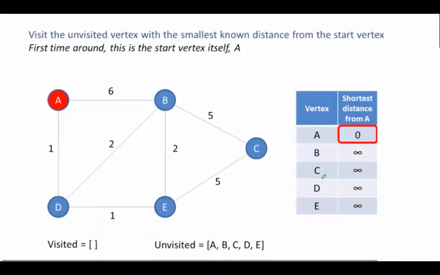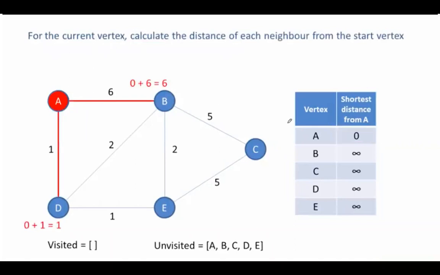We start with the unvisited vertex with the smallest distance in this table. These are infinite, so we start with A, and its distance is 0. From this vertex, we find the distance to the neighbor vertices.